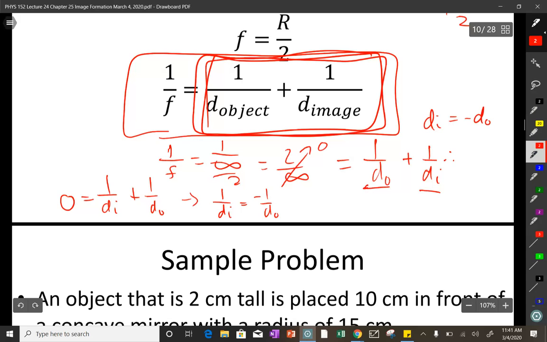And then, if you want, cross multiply. So distance object equals minus distance image when you cross multiply. So for the plane mirror, these equations say the distance image is minus distance object, which, conveniently enough, is what we had determined from saying the extrapolation of the rays is where the image is.